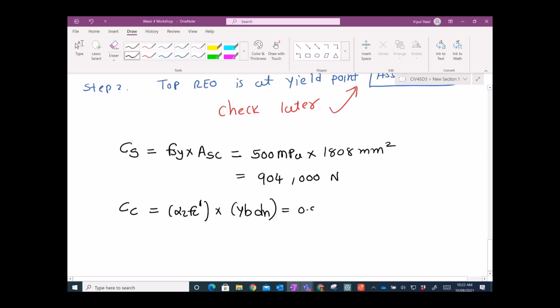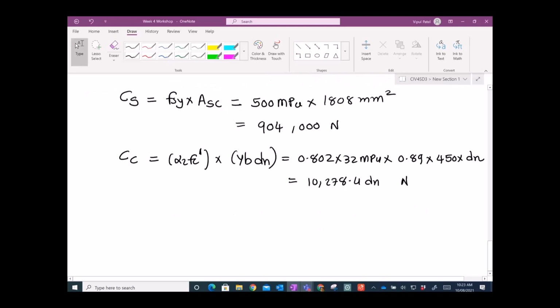So let's say 0.802, we calculate this, 32 megapascals times 0.89. B is 450 and we don't know this dN. So in that case, you can take it 10,278.4 dN newtons.